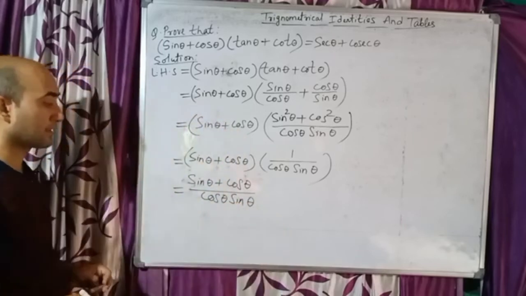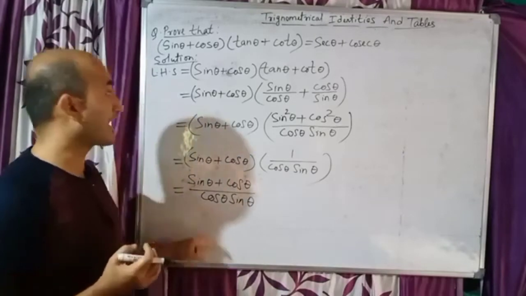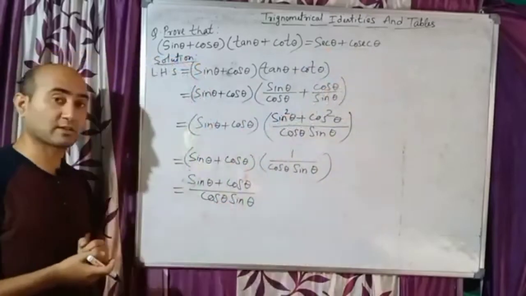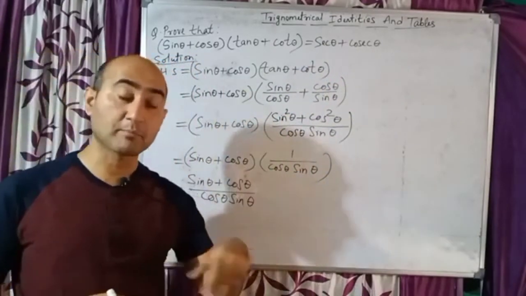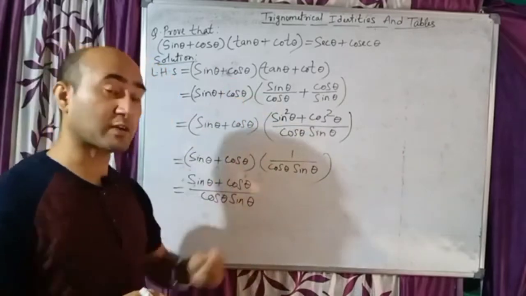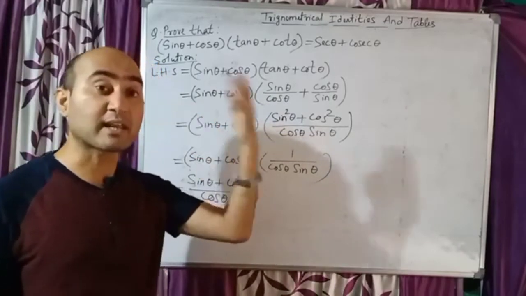Now children, we have nothing to do here, but it should match the right hand side, and still it is not matching. So now you have to use some ideas beyond your trigonometrical formula. In the beginning we started with trigonometrical formula, but now you should have some creative knowledge here.